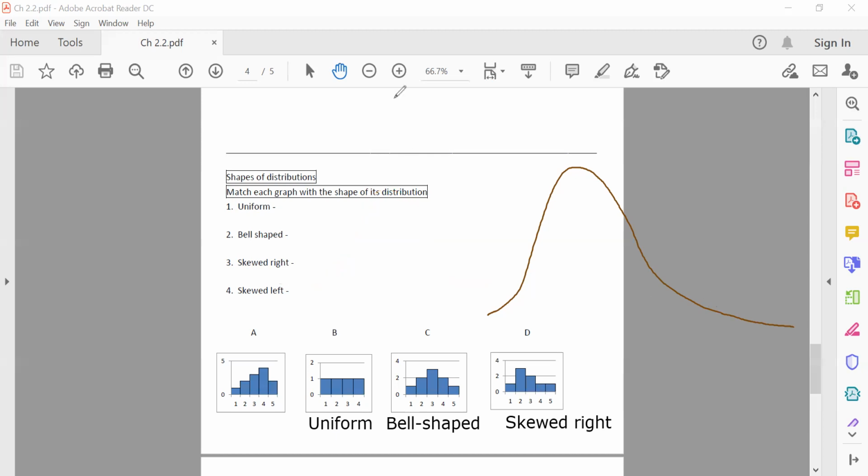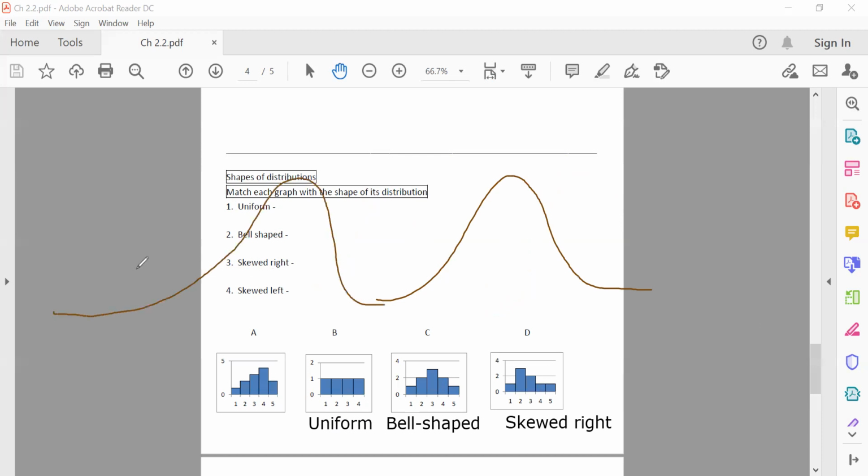And then skewed left is just going to be kind of the opposite. Imagine I took the standard bell curve, and I come over here on the left side of it and I pull it to the left. So it looks almost something like this. That's going to be a skewed left shape.